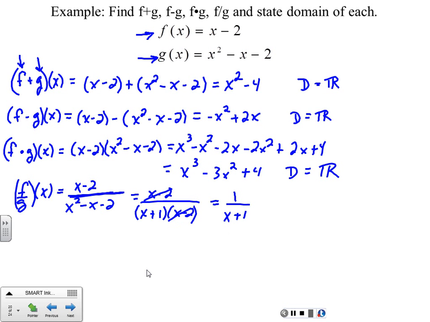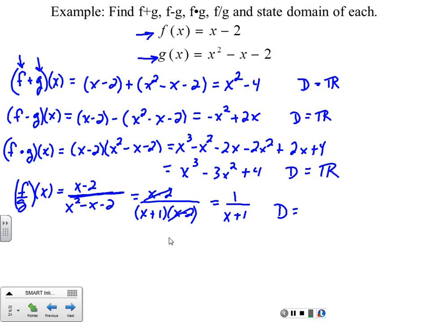So for the domain, what you need to do is encompass everything that's not going to be possible. So for your domain, you need to use this one. You need to set this one cannot be equal to 0. And we've already done the work, right?